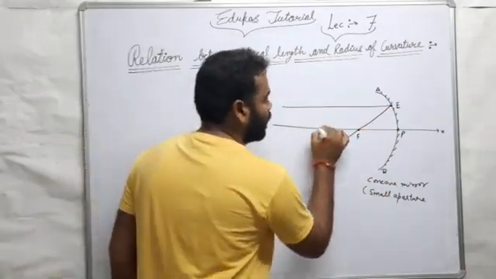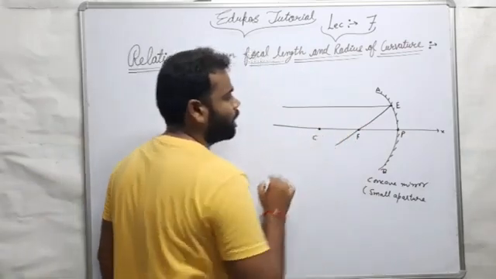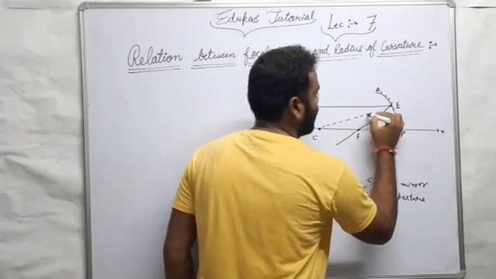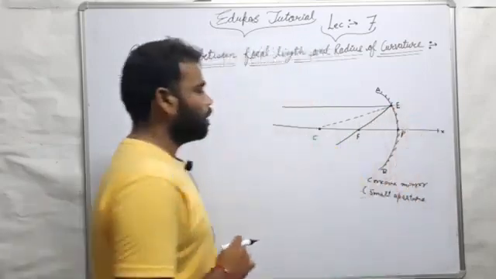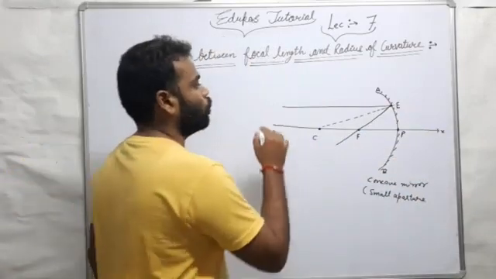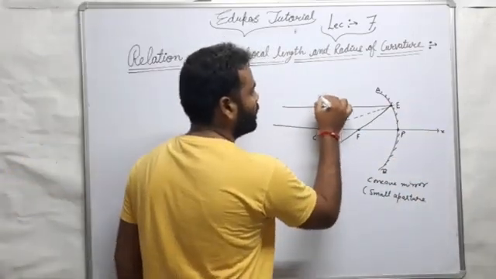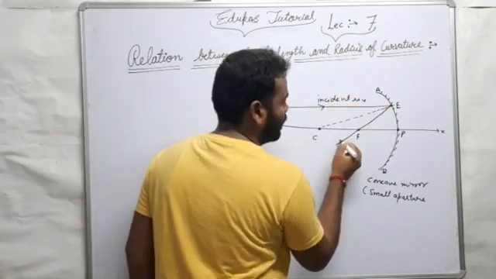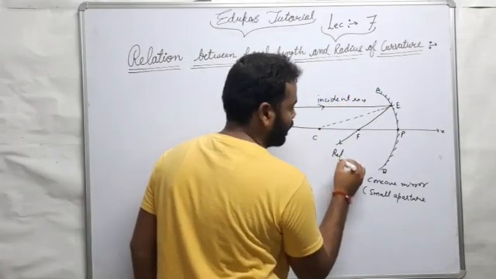Now here C is the center of curvature, and we will draw a normal from C to the point E. So this is the incident ray and this is the reflected ray.